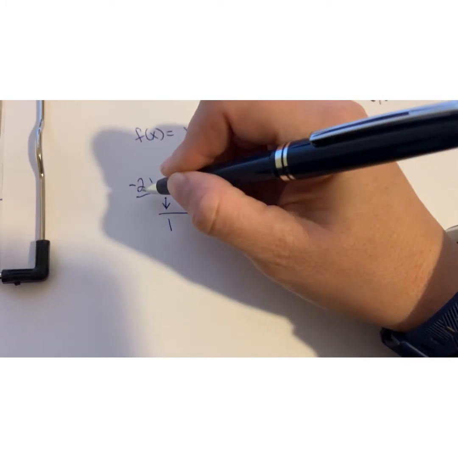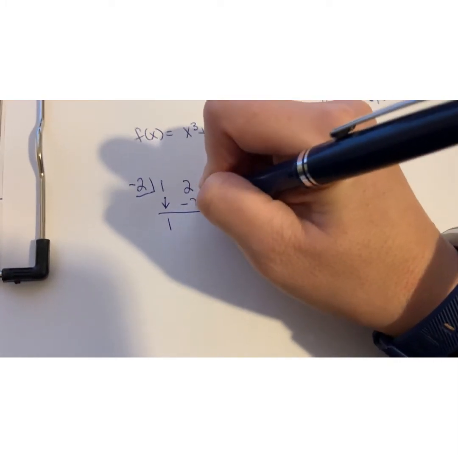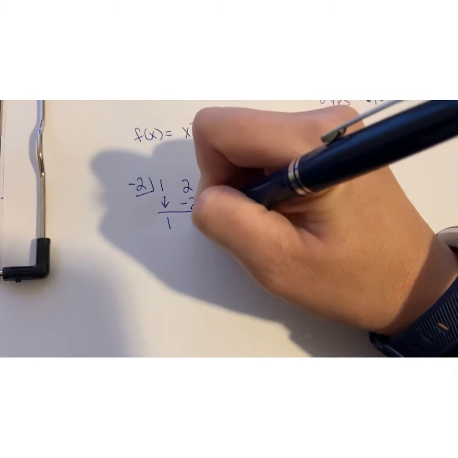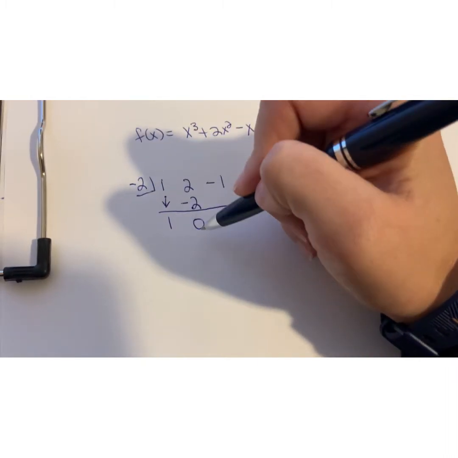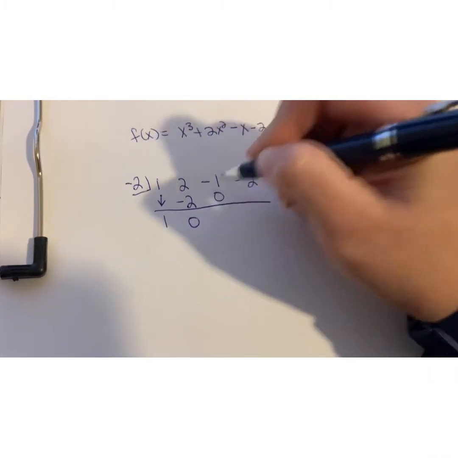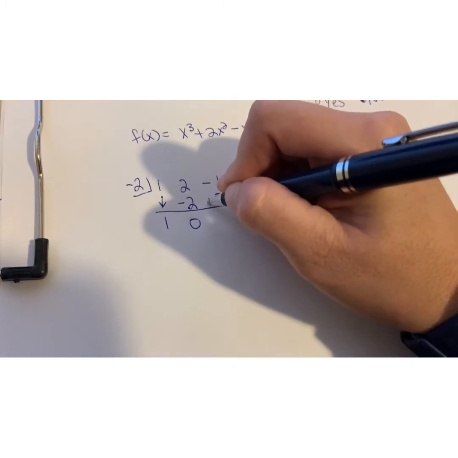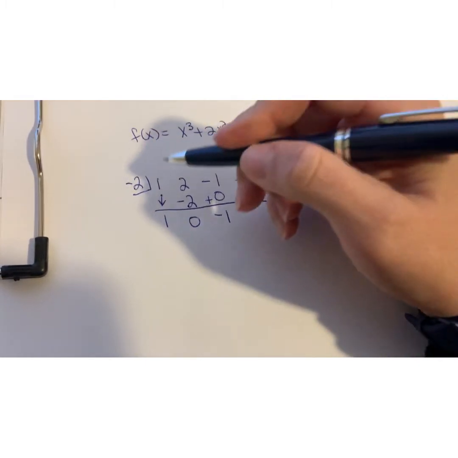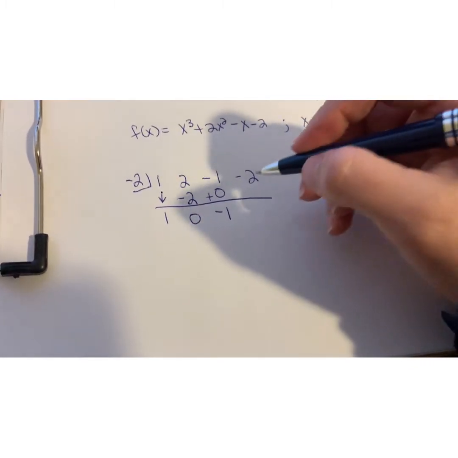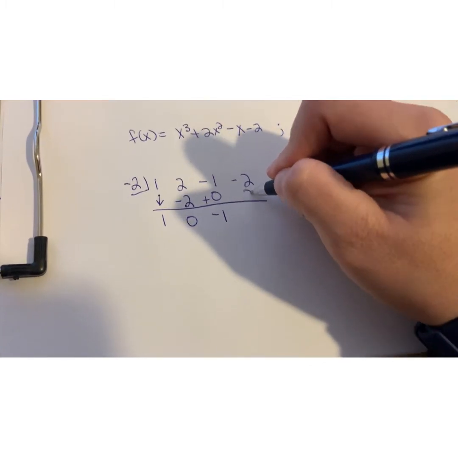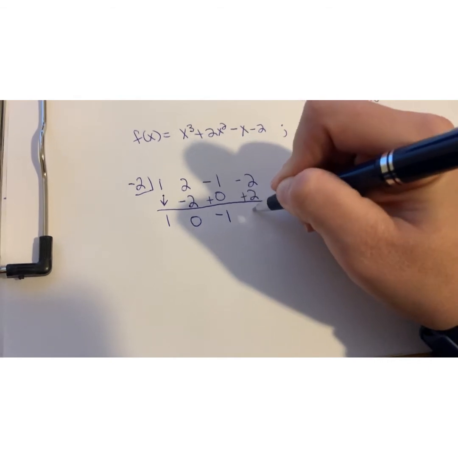Drop the 1. -2 times 1 is -2. 2 minus 2 is 0. -2 times 0 is 0. -1 plus 0 is -1. -2 times -1 is positive 2, and -2 plus 2 is 0.